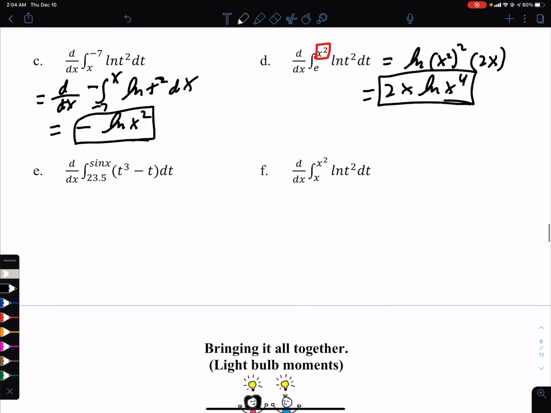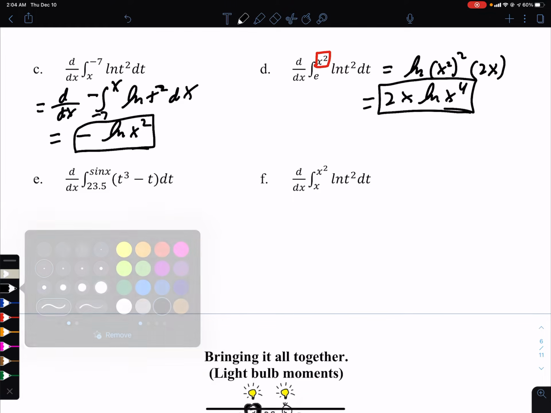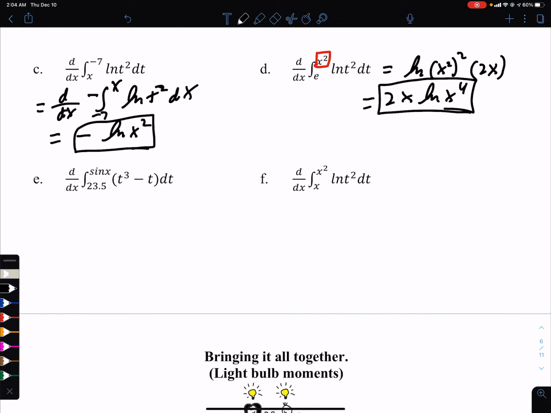All right, try letter E. Go ahead and pause and then try this on your own. All right, welcome back. Let's take a look at this one. So we're good because we have a constant, and that x doesn't, oh, that's not x. Therefore, it's going to be chain rule. This is box.